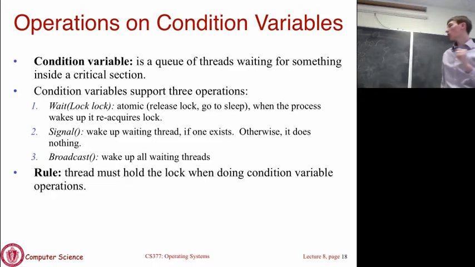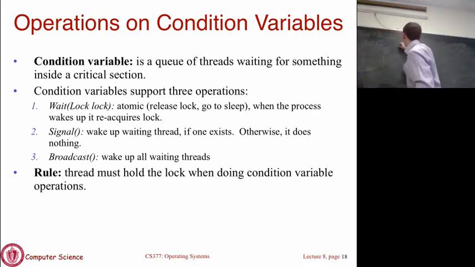Just to keep things straight, Semaphore has wait and signal. Condition variables also have wait and signal, but they operate a little bit differently, and we'll talk in a minute about how that is.